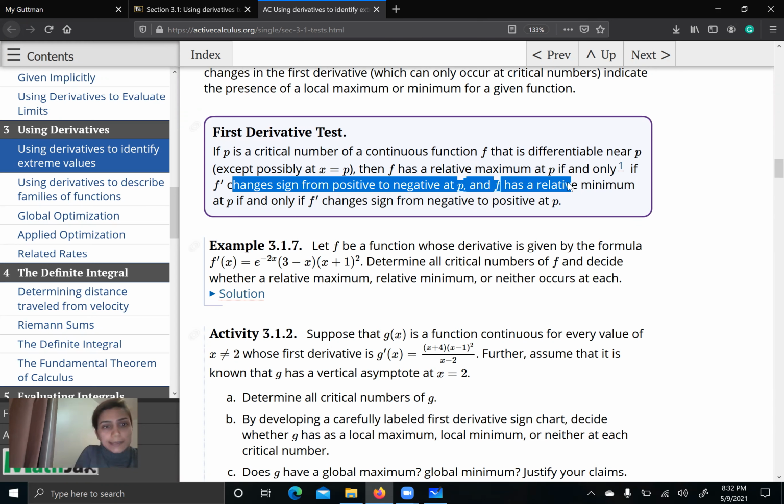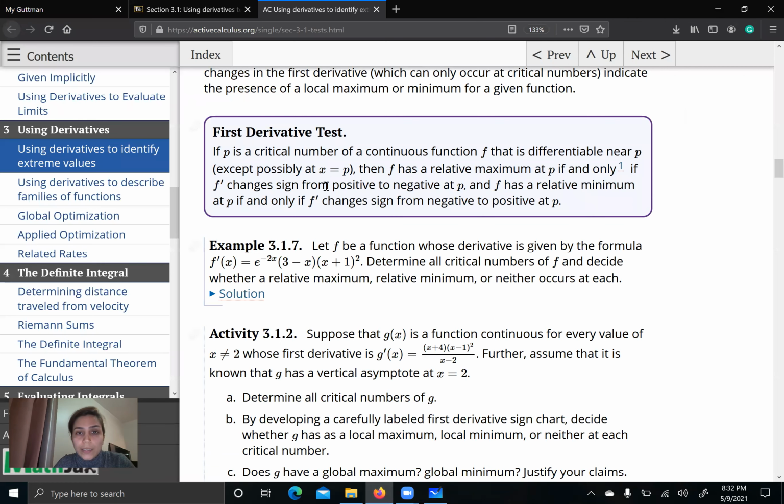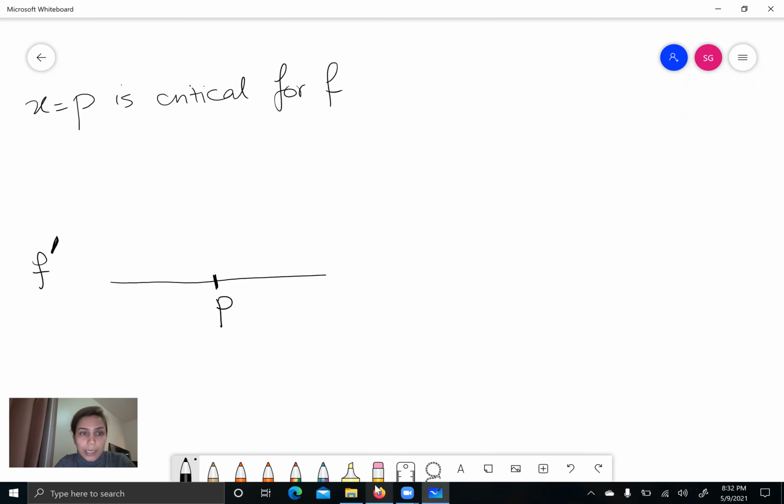So what does it say? It says to look at the behavior of f prime, the first derivative, around P. If it changes sign from positive to negative, meaning the derivative is positive and then changes to negative.